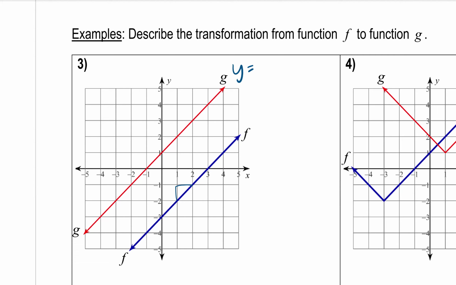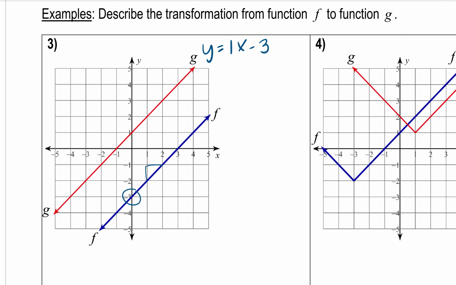So my slope is 1x, and my b is -3. So that's what I started with. And then let's write the g so I can see what changes. Again, my slope is up and over. It's still 1. So I still have 1x, but now my b is changed, plus 1.